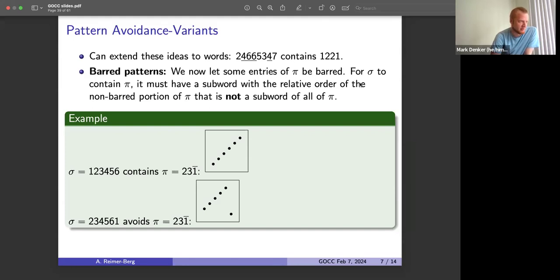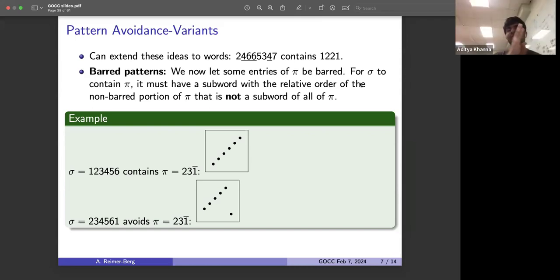The definition is just the subword of all of pi. And so that would indicate 1, 2 isn't a problem. It's only 1, 2, 3 that is what you ignore when you're checking for subwords of 1.